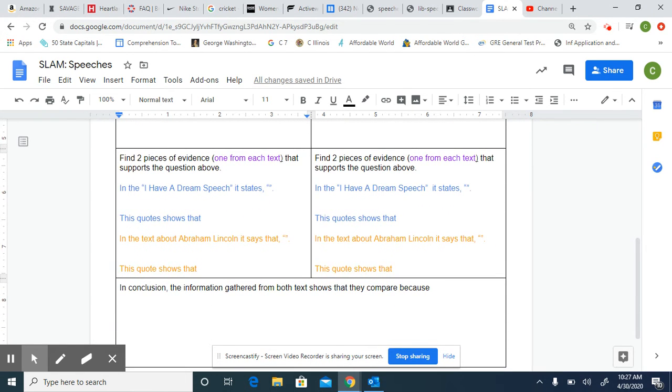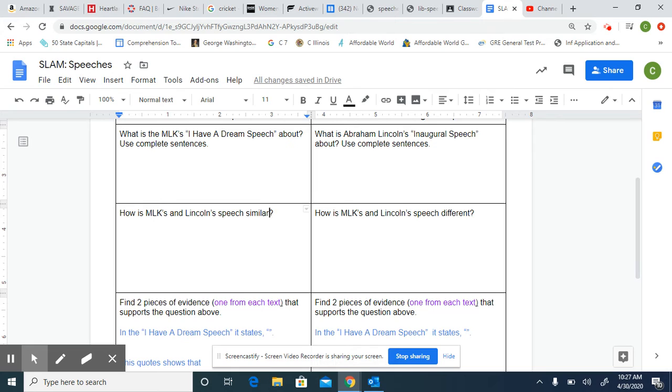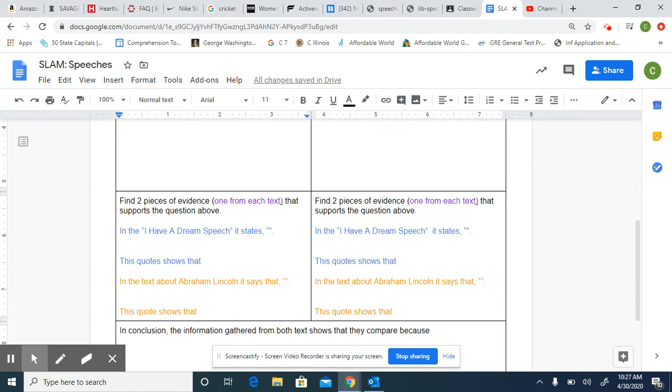And that quote has to show how it's similar to MLK's. What is it that they're trying to do? Which is why I want you to answer this question about what it's about. Because if they're trying to encourage or they're speaking to people in a certain manner that's similar, that's what I really want you to point out in the evidence portion for this. And then, of course, we always have to explain our quotes. Whenever we put them down, we have to explain them.